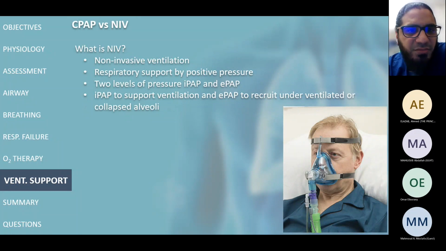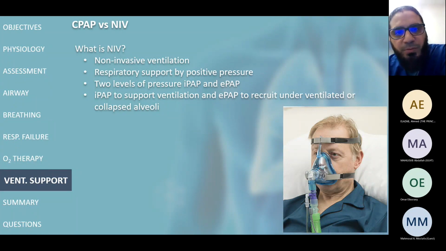So what's the NIV then? NIV stands for non-invasive ventilation. Again, it's one of the respiratory supports using positive pressure, but it has two different levels of pressure: the inspiratory pressure and the expiratory pressure.